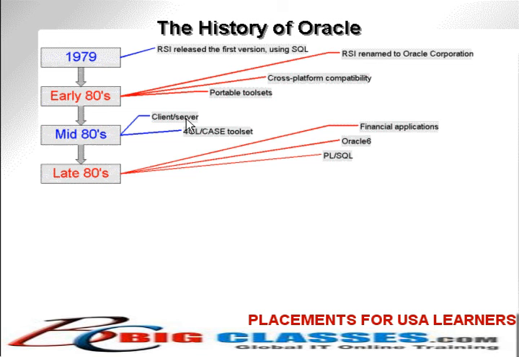In the late 80s, Oracle really came to fruition by creating financial applications. Financial applications was the start of Oracle providing to customers the ability to not have to go and develop their own software and spend an absolute fortune creating custom-built applications.